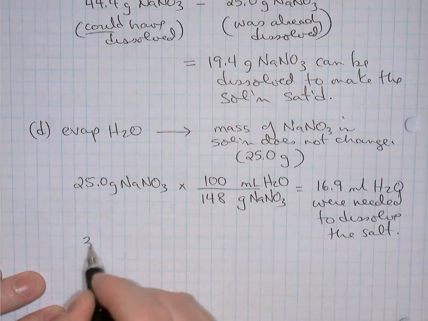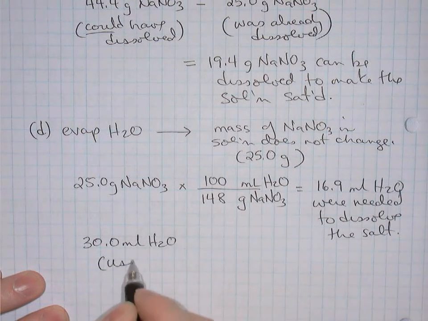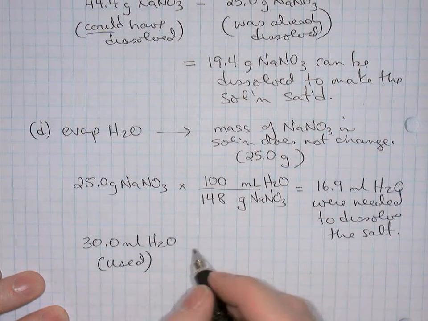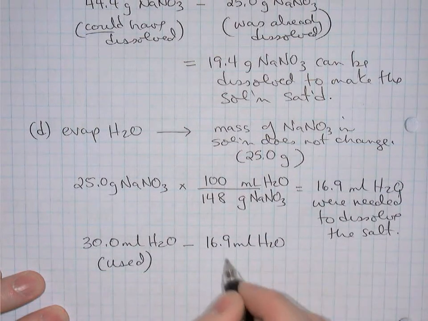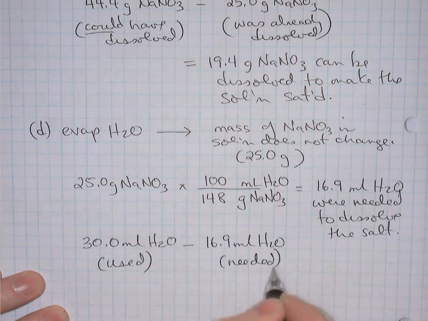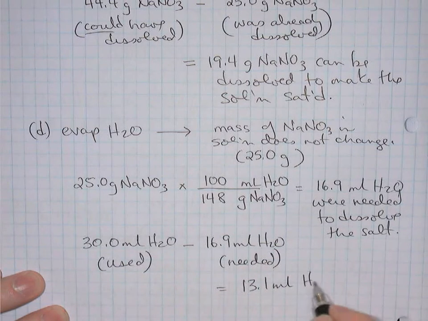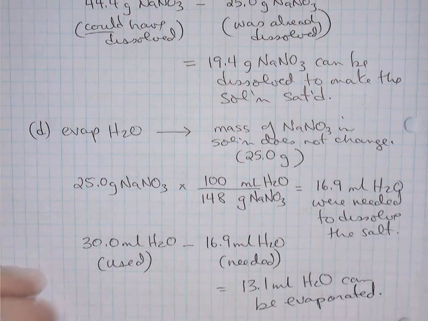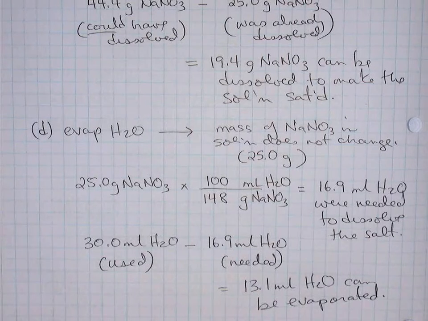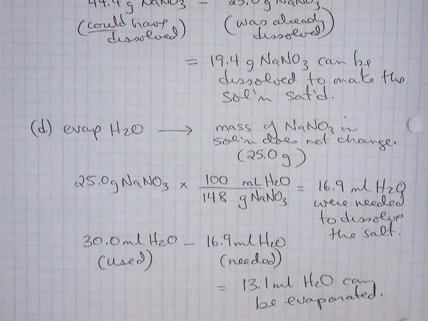So now if we take the amount of water, 30 milliliters of water used, and we subtract 16.9 mils of water which was needed, the difference, which is 13.1 milliliters of water, can be evaporated. Since you used too much, the difference is how much you can evaporate. Once you've evaporated that, the solution will be saturated.